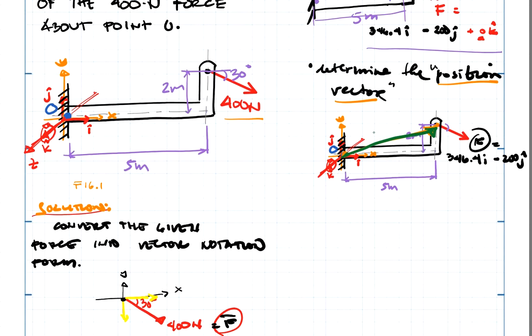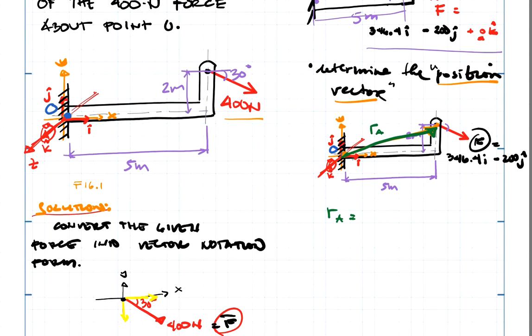Let me call this position vector r_A. Position vector r_A is equal to, we also need to determine its i and j components.